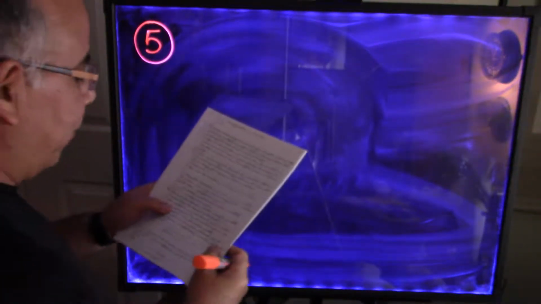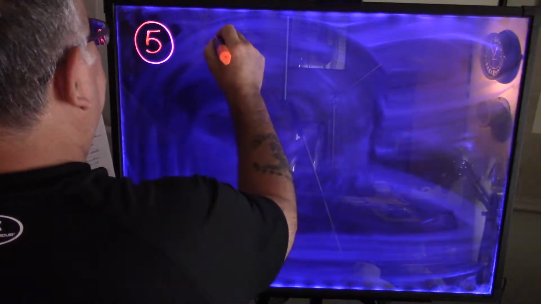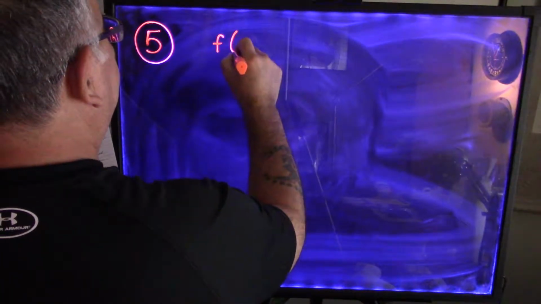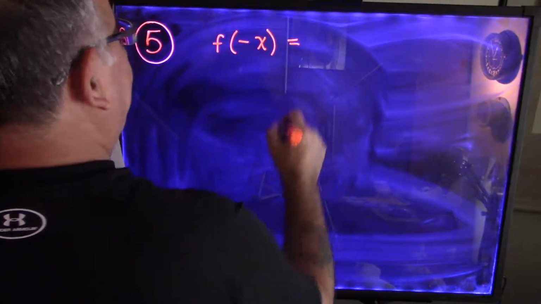Number 5. How can you determine whether a function is odd or even from the formula of the function? What you do is substitute negative x into the input of the function. So basically f of negative x is what you want to evaluate. See what happens when you do that.